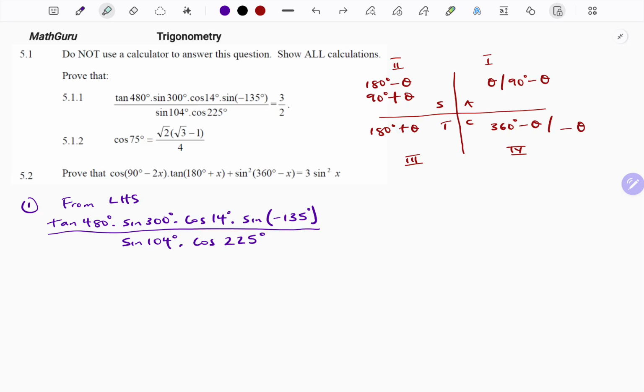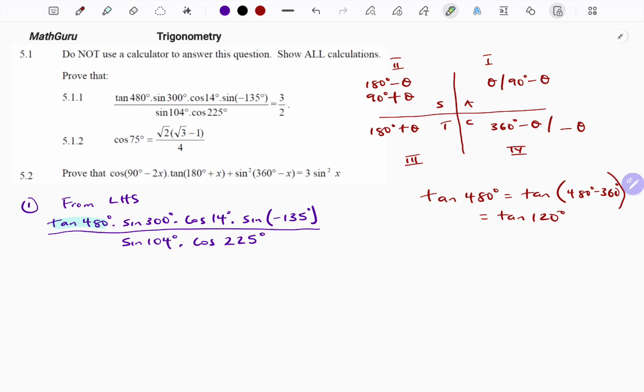I'm going to start by reducing each of the angles given, starting with the tan of 480 degrees. Note that 480 is more than 360. So what that means is I'm going to take out a loop of 360 and then see what is left. So tan of 480 degrees is the same as the tan of 480 minus 360, and I'm left with the tan of 120 degrees.